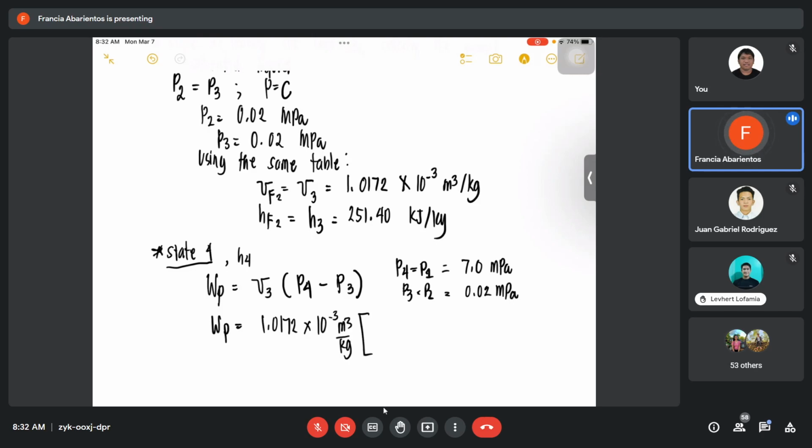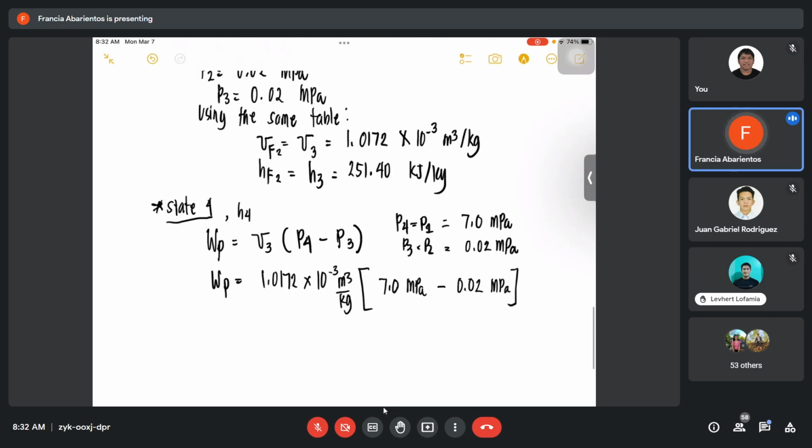What is your pressure at 0.4? That is 7 MPa minus 0.02 MPa. What is now the work of the pump in kilojoule per kilogram? Go ahead.